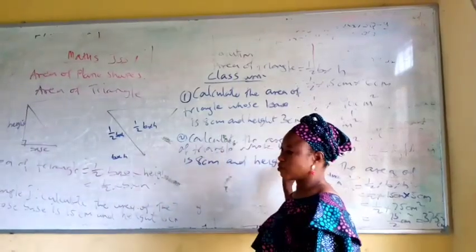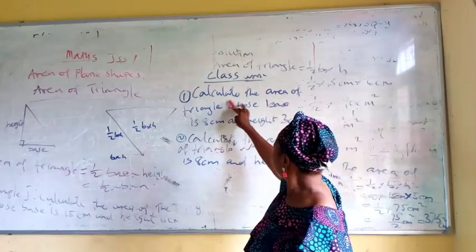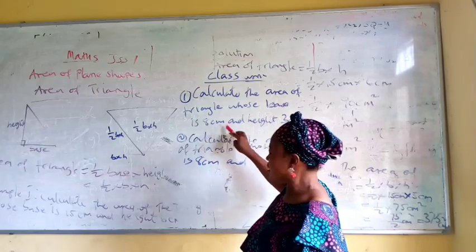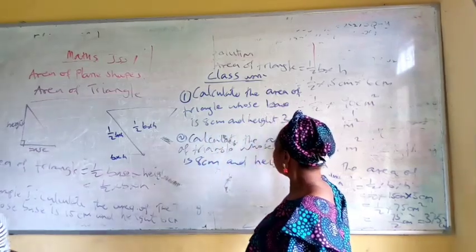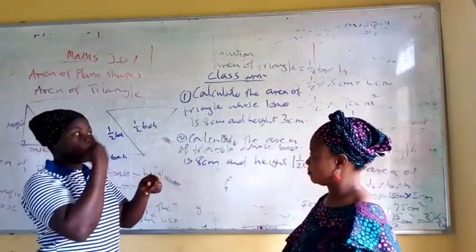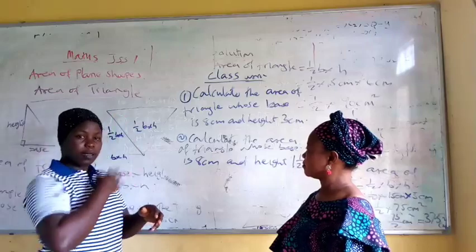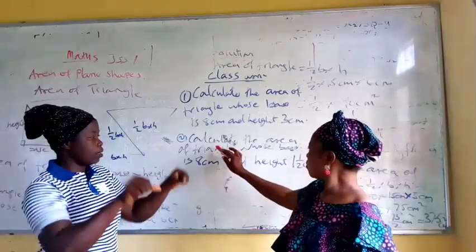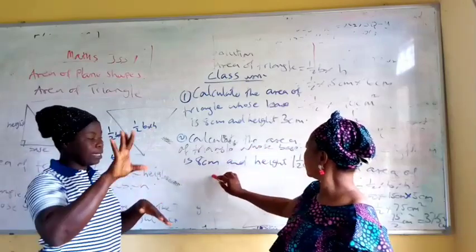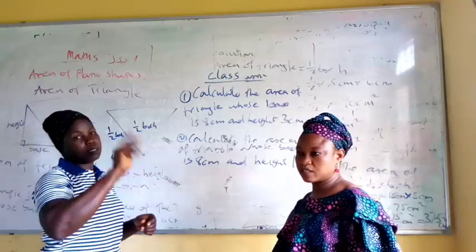Do these two examples, the two classwork. Calculate the area of the triangle whose base is 8 centimeter and height 3 centimeter. The second one also, calculate the area of a triangle whose base is 8 centimeter and height is 1.5 centimeter.